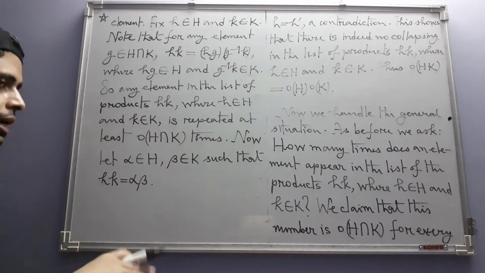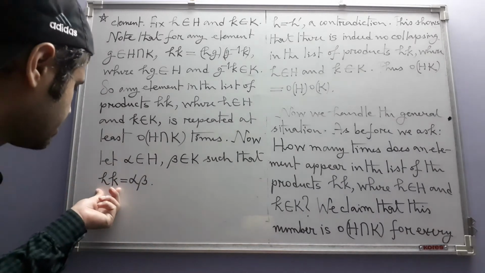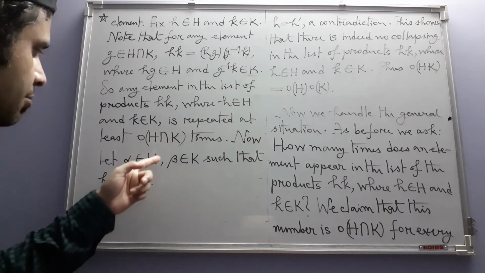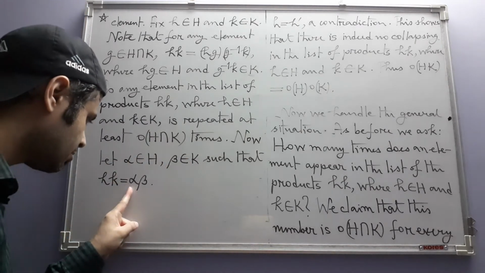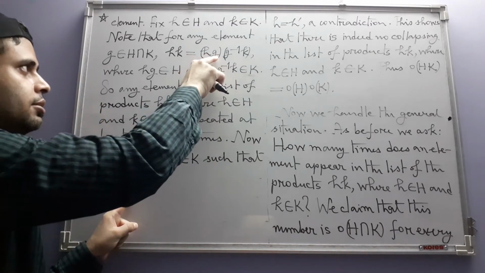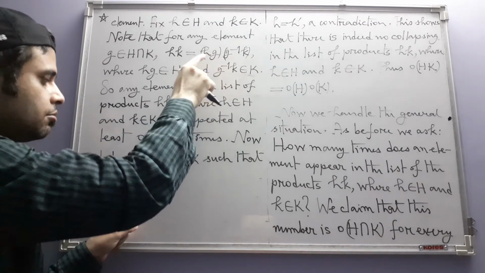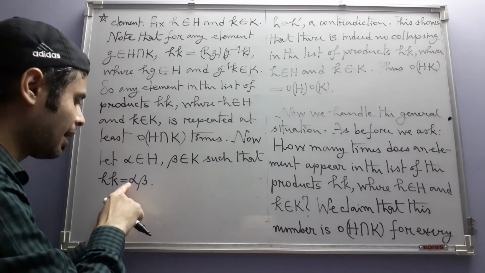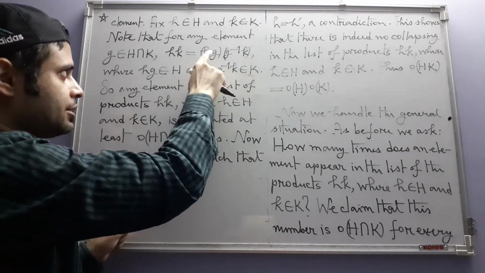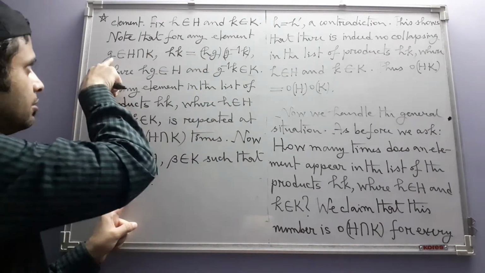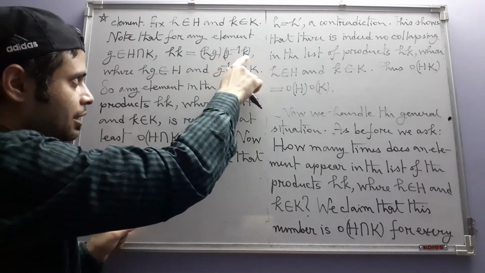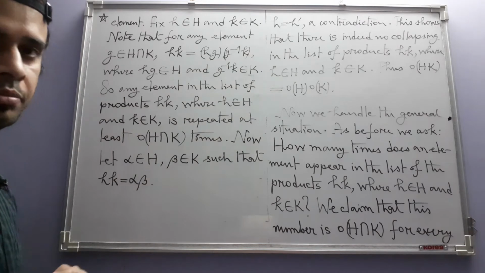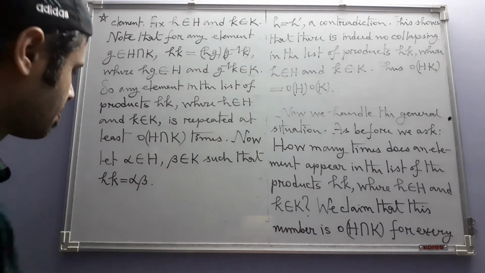So this is another repetition of this same element as an element of H times an element of K. Now has this already been accounted for here? For that to happen, alpha should be of the form h times some element in H intersection K, times that element inverse times beta. Okay.